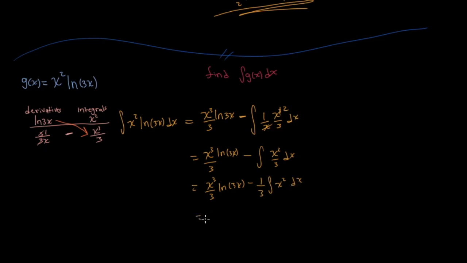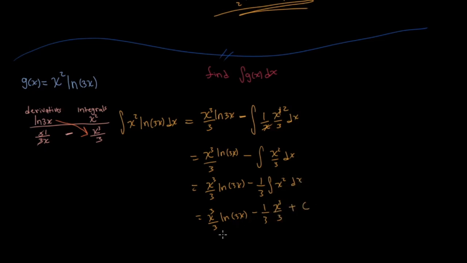And the integral of x squared dx is going to be x cubed over 3. So we'll go ahead and do that. I'll write this here: x cubed over 3 ln 3x minus 1 over 3 times x cubed over 3, plus c.